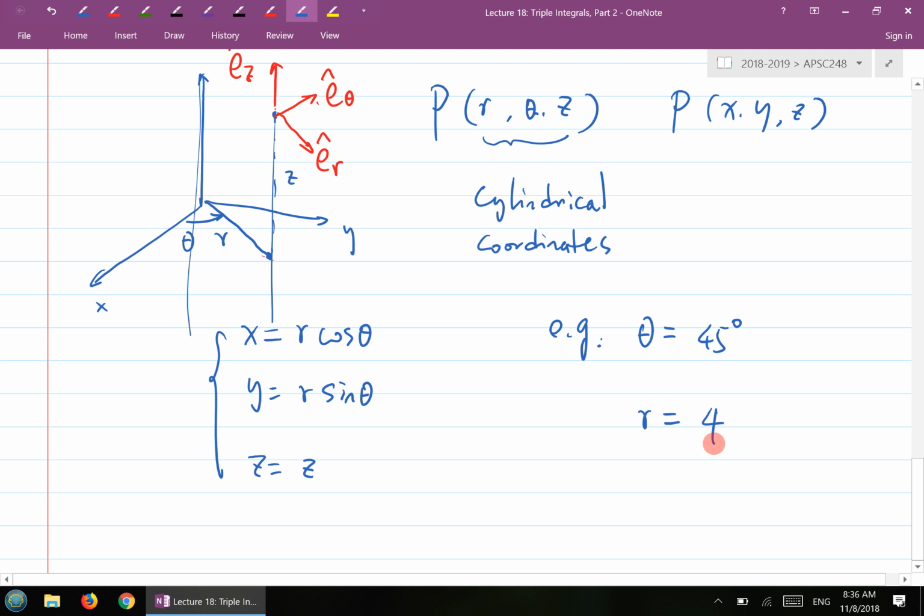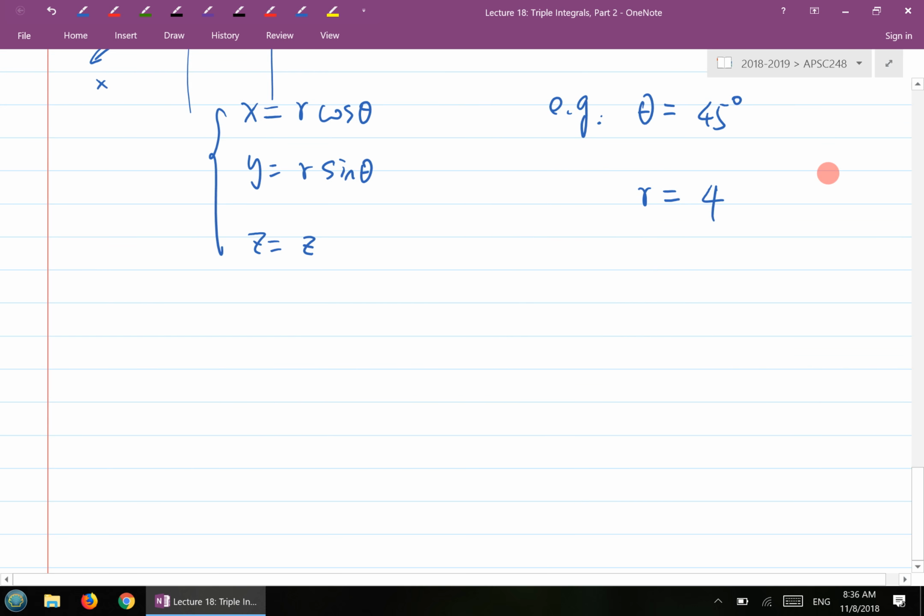It's not everything in the cylinder, it's the surface of the cylinder. Good. Okay, so let's focus on evaluating this triple integral here.